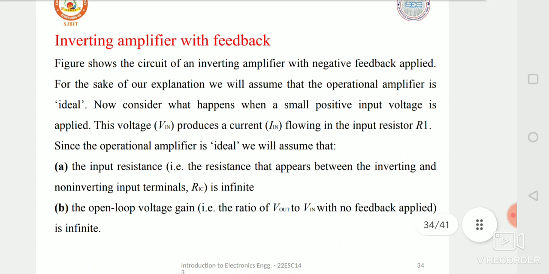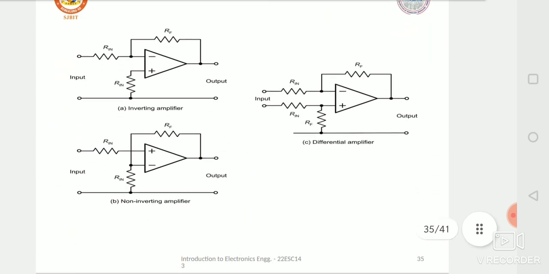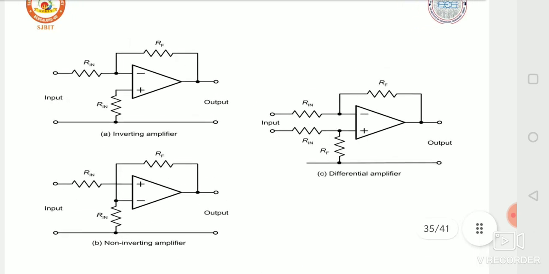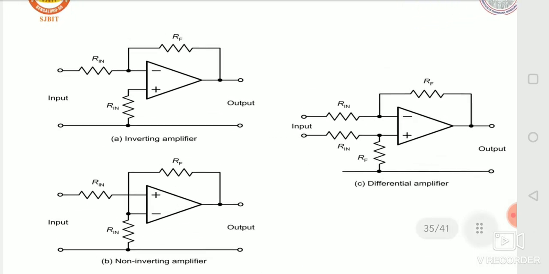So, inverting amplifier with feedback. The figure shows the inverting amplifier and non-inverting amplifier. You can see here it has two inputs: the inverting terminal, which is minus, and the non-inverting terminal, which is positive.